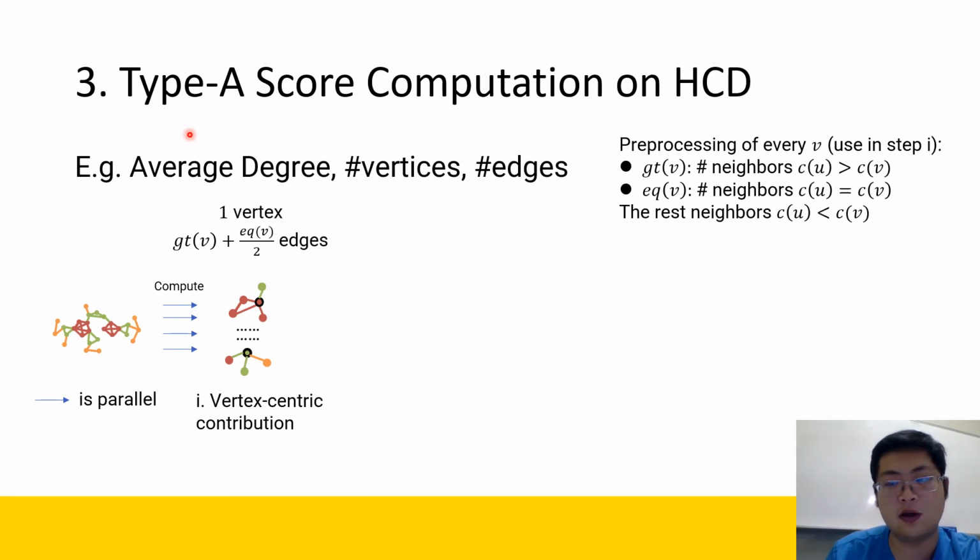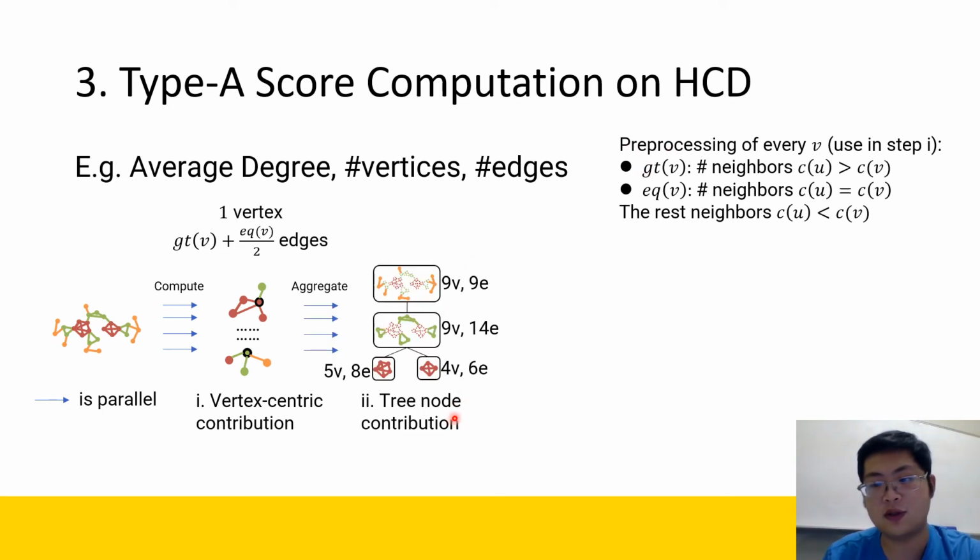Here is an example with type A. We want to get the average degree, so it's about the number of vertices and edges. For every vertex in parallel, we compute the number of vertices and edges, and this can be helped by pre-processing.